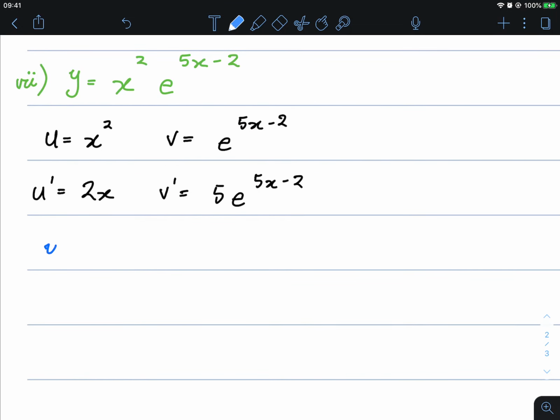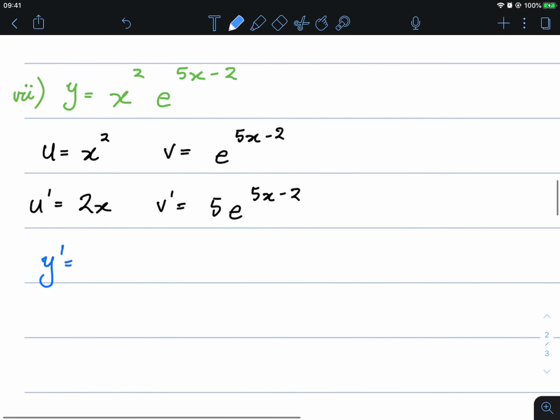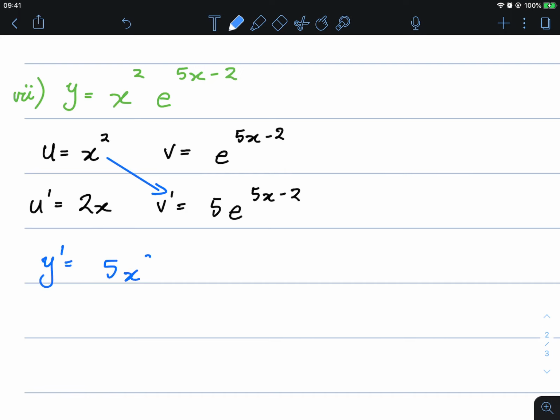y prime now becomes the first times the derivative of the second. So that's going to be, looking very carefully, 5x squared e to the power of 5x minus 2, plus the second times the derivative of the first.